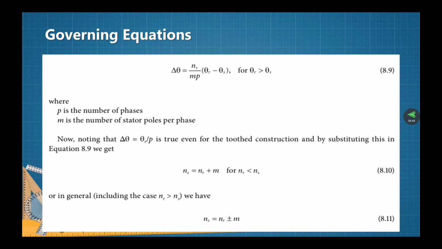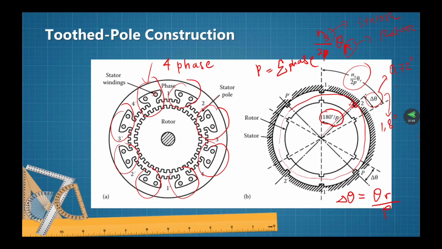This equation has to be modified when there are multiple teeth on each stator pole. Generalization of the step angle equation for the case of tooth pole construction can be made by referring to that figure.